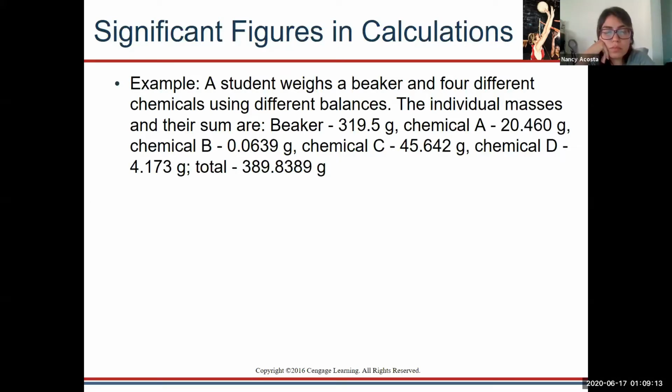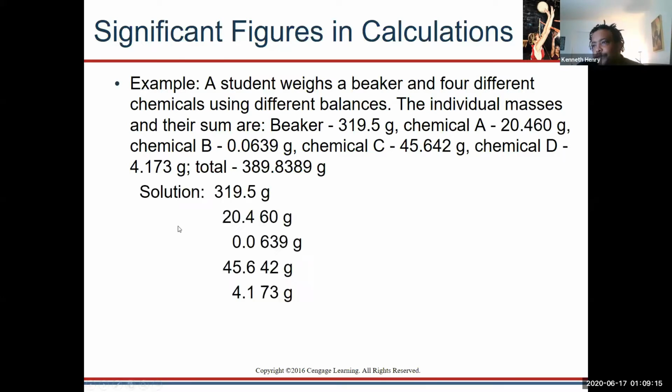Okay, so let's go ahead and line them up. I'm gonna be super lazy. Okay, so I have them all here. And then we're gonna add them up. Okay, so let me find my calculator.